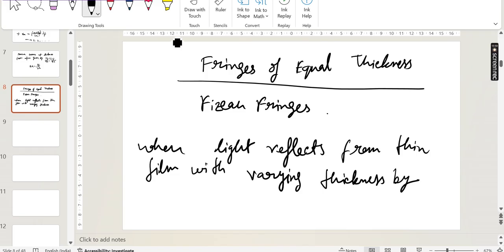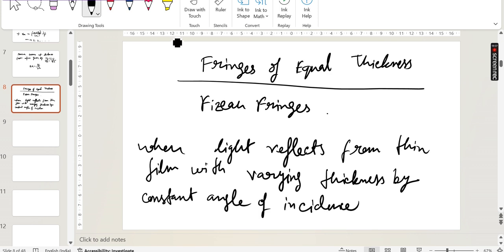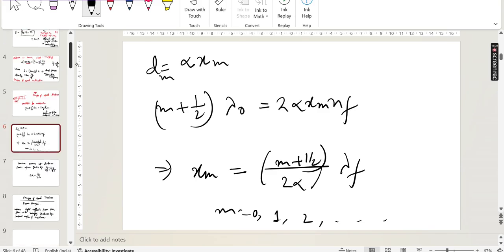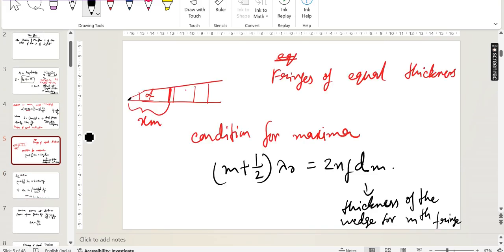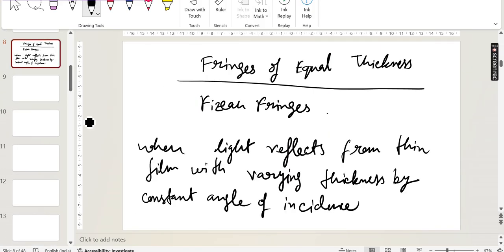But with a constant angle of incidence. So here, when we were discussing this wedge kind of thin film, we assumed that cos theta is equal to 1 because theta is very small. So that's constant. Okay.